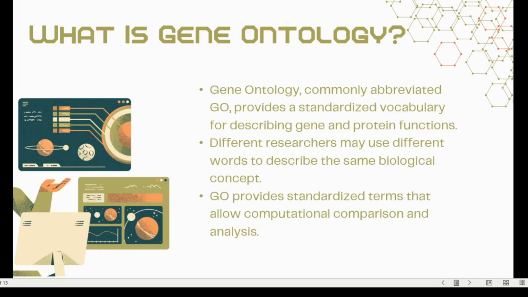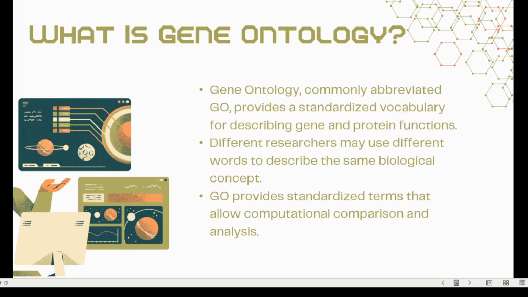In that dictionary every function has one code, and that code we use for mentioning the function of that gene. Different researchers may use different words to describe the same biological concept, right? So gene ontology provides standardized terms that allow computational comparison and analysis. It's a kind of universal language.